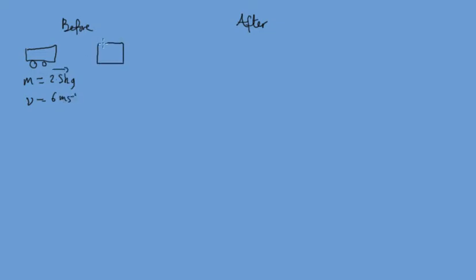And we've got a block, and that has mass 1.5 kilograms and velocity 0 meters per second. After, the trolley and the block move off together with a velocity of 3.75 meters per second, and obviously the mass will be the combined mass of both of these.